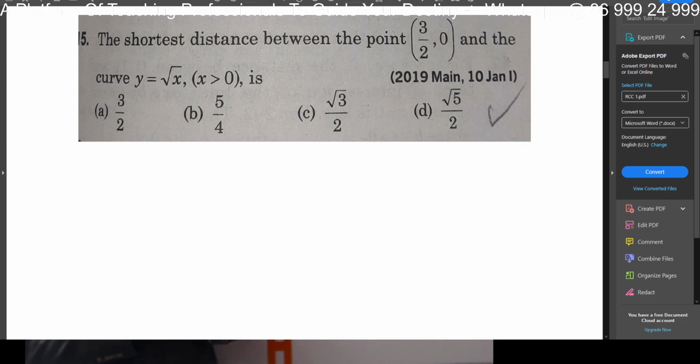What should be your answer now for this one? Can you type the answer in the chat box?